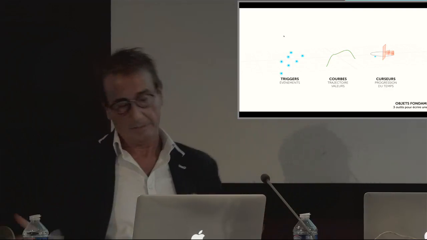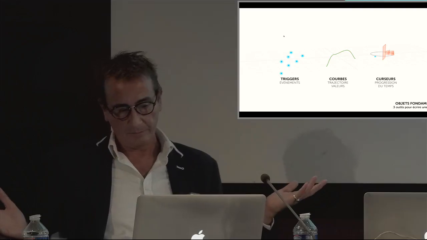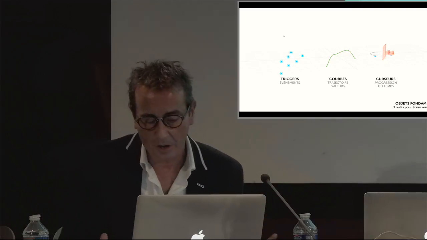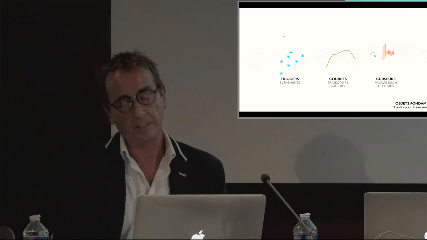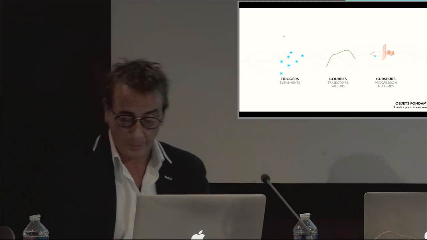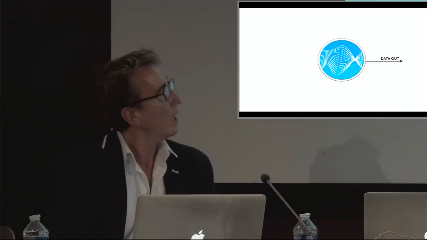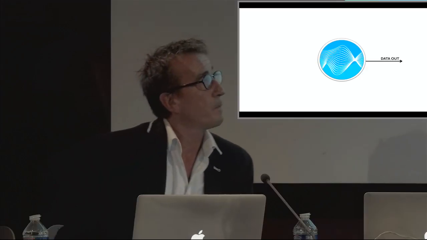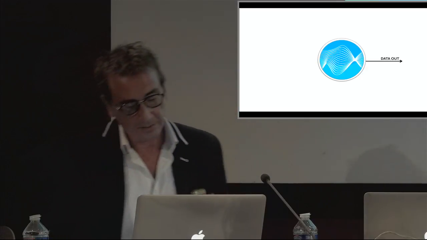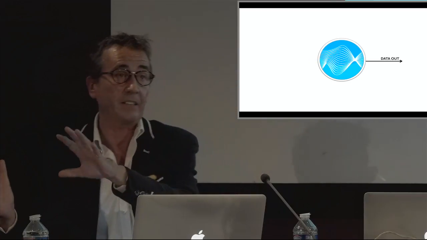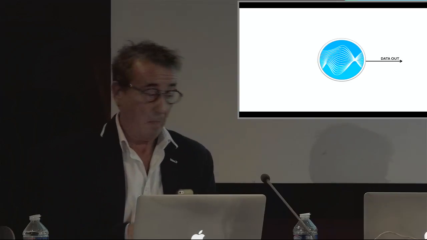It's just a space, 3 objects: the trigger, very simple, on-off; the curved dynamic system; and the cursor to read the space. And so normally, the first step for all the composers and artists is to ask Yanix to just read the score and send the data to move, for example, the filter or something like that.